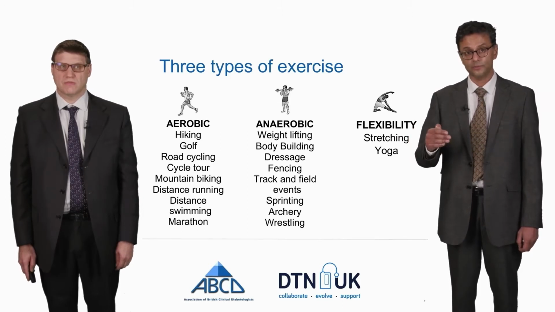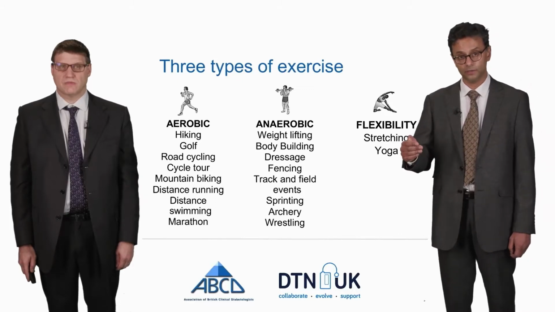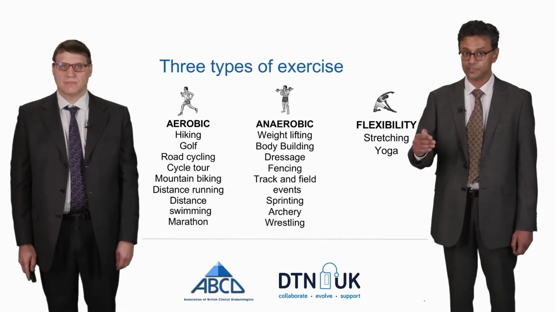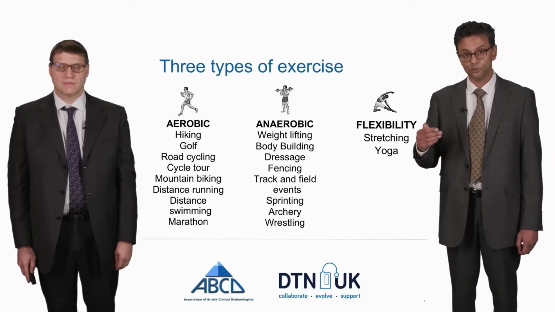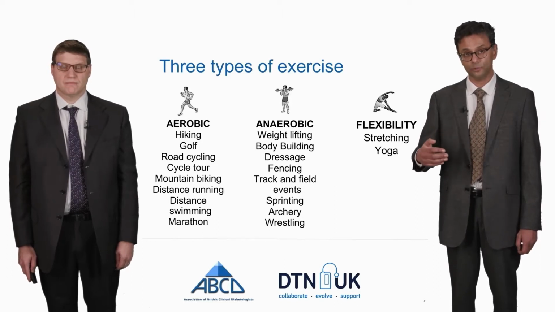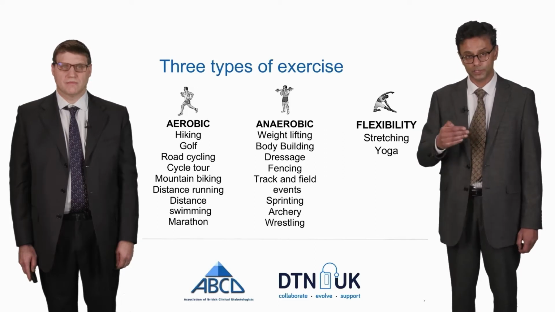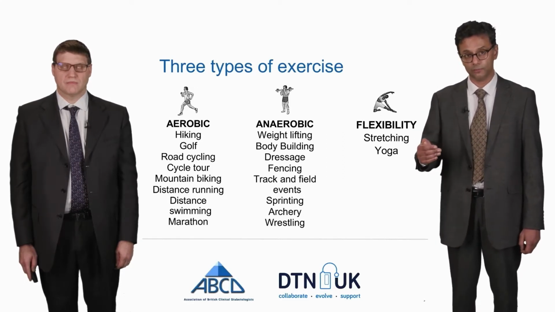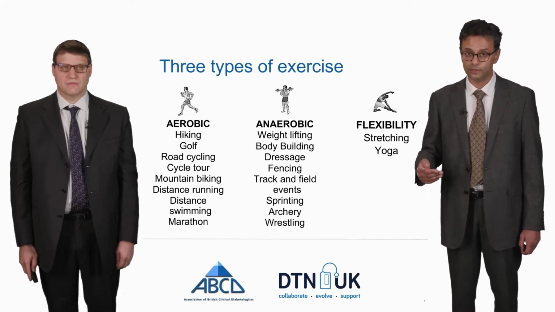So swimming, for example, you can either do a sprint swim, in which case there might be more of an anaerobic component, or you can do a long distance swim, which is more aerobic. And then remember, some sports will also have different components of exercise in them. So in football, for example, if you're playing centre forward, you're going to be much more sprinting, so much more of an anaerobic component. Whereas if you're more in defence, it's going to be more of an aerobic component.